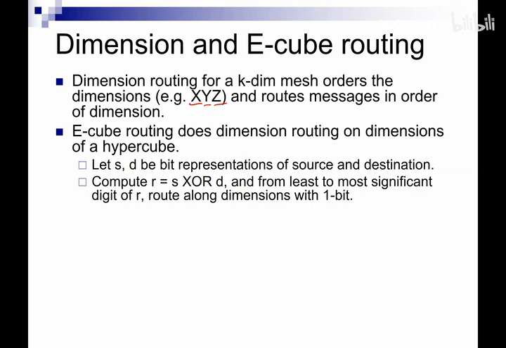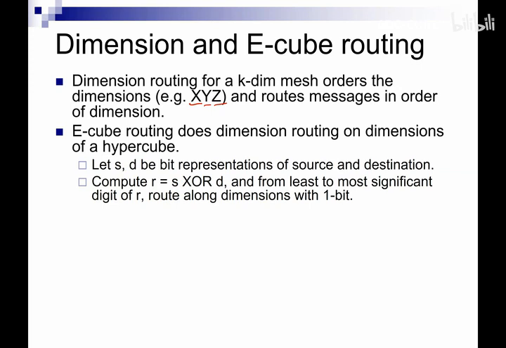So we're first of all going to use the binary representations of the source and the destination, and next we're going to compute a route R by taking the XOR of the binary representations of the source and the destination.